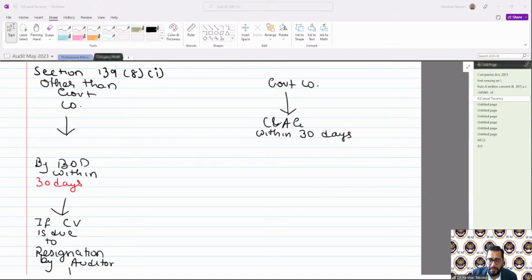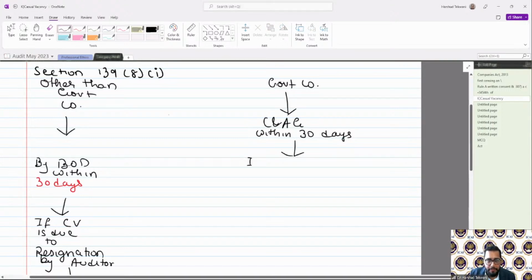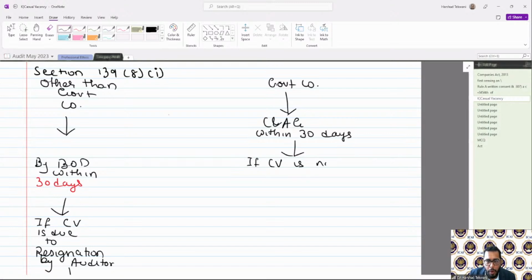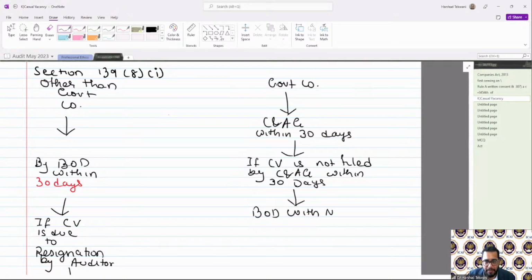Now, what if the CAG fails? If the casual vacancy is not filled by the CAG within 30 days, then in that case the board of directors will appoint another auditor within the next 30 days.